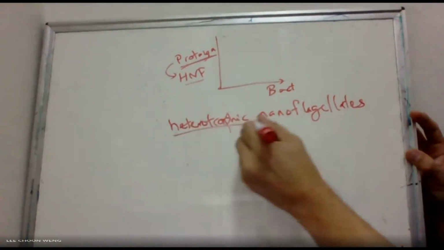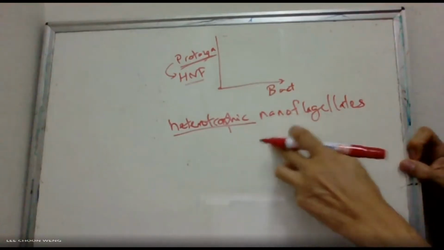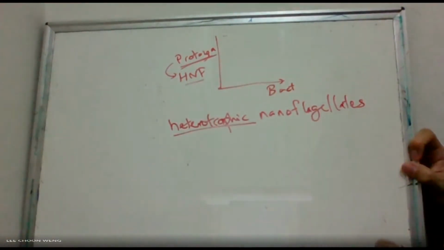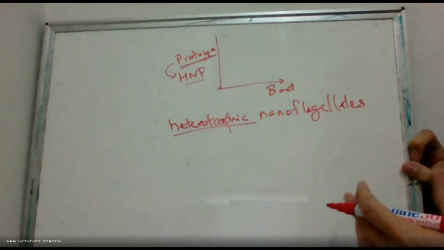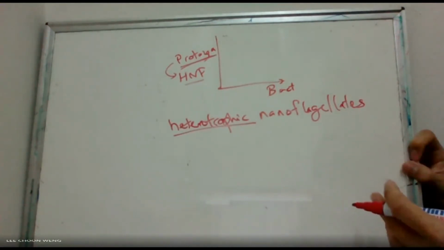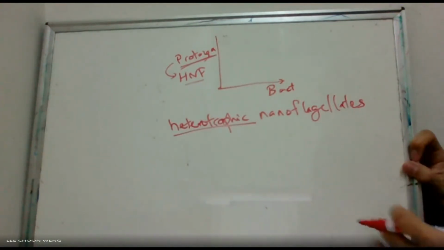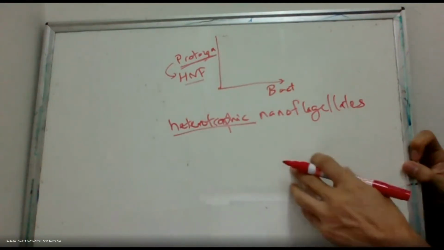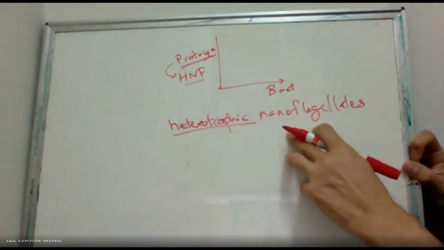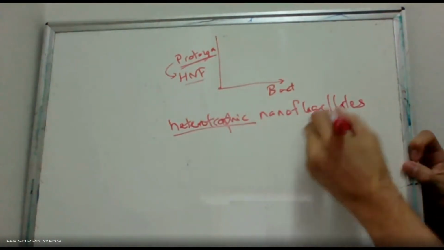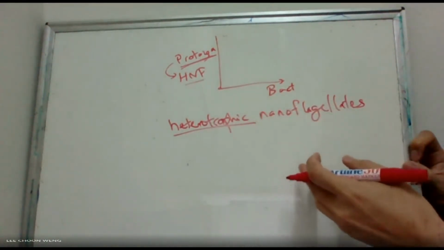Okay, they specify heterotrophic because nanoflagellates can be mixotrophs, which means some of them have chloroplasts in them and can carry out photosynthesis. So they specify heterotrophic nanoflagellates. So this is also counted under epifluorescence microscope.